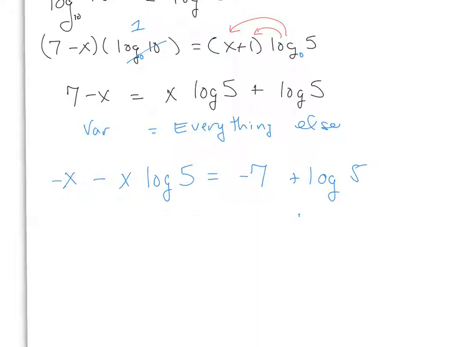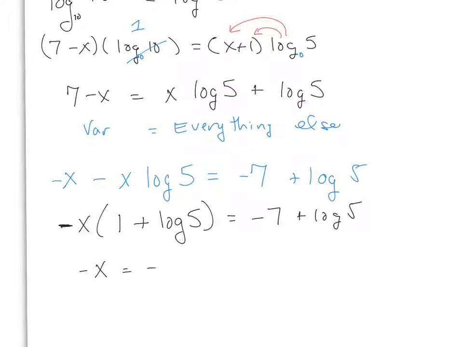All right, so I'm going to factor out a negative x here. When I do that, I'm left with negative x times 1 plus log of 5 is equal to negative 7 plus log of 5.